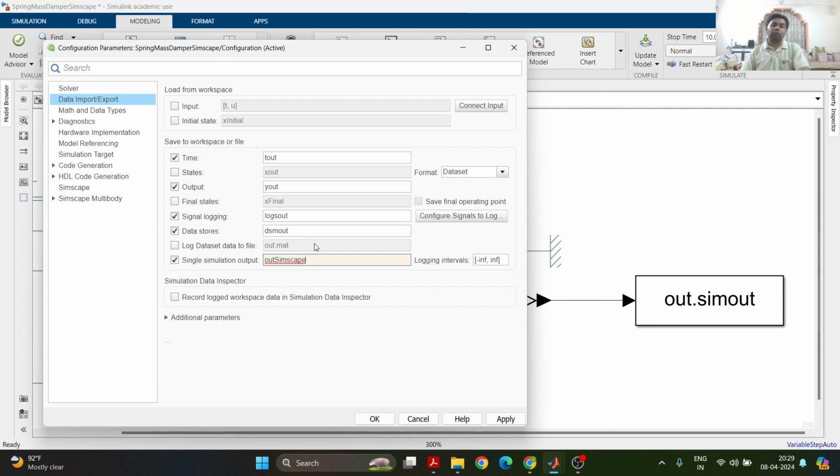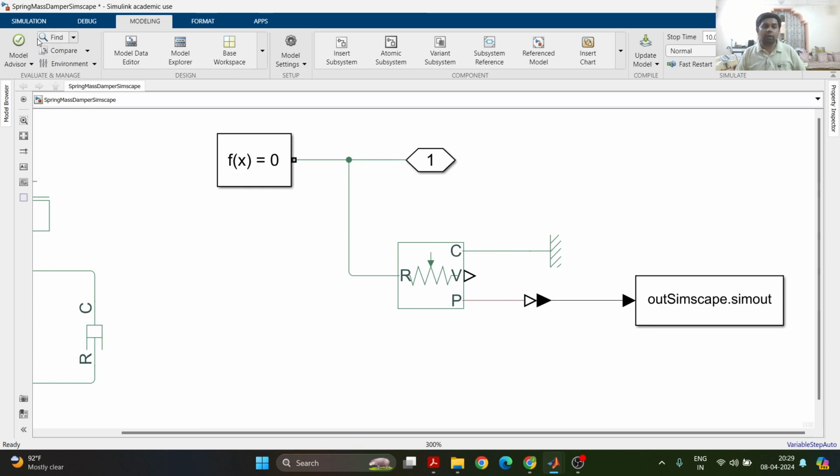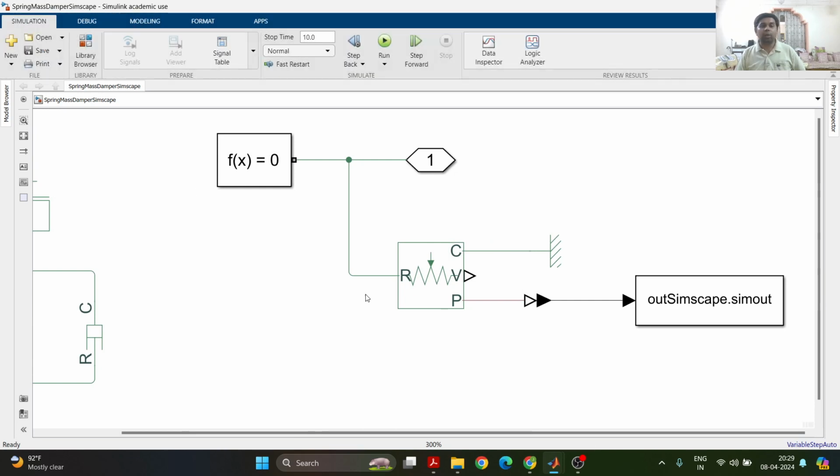So we will get the output of the model in a single variable called out Simscape. So we are setting it likewise.